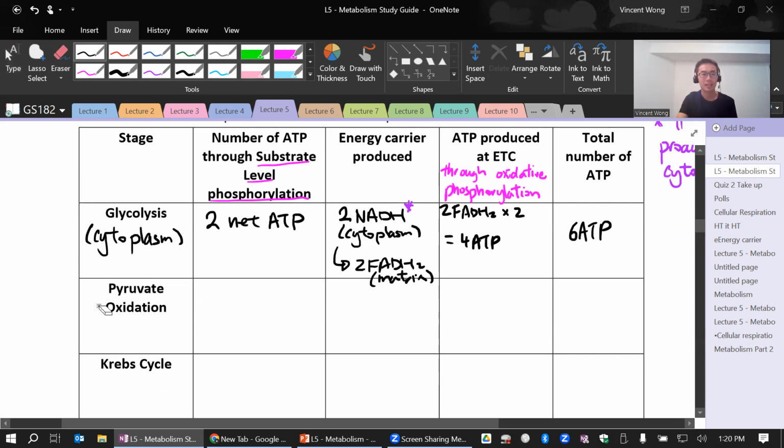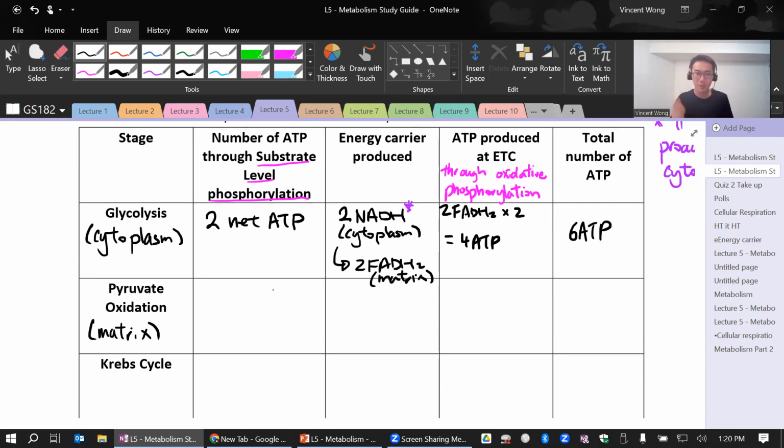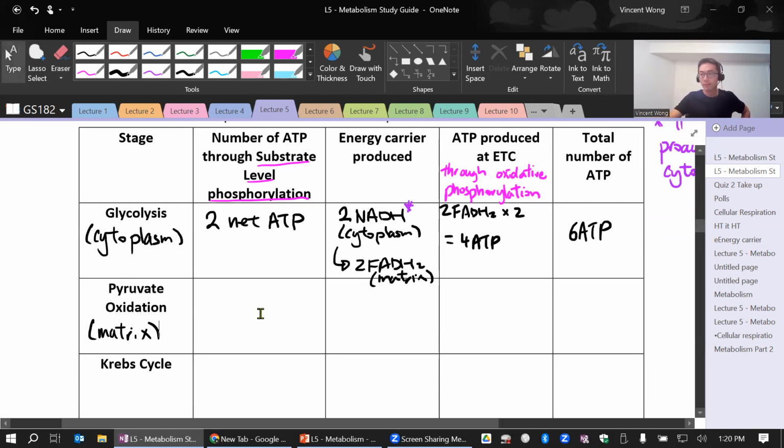Next, pyruvate oxidation. That happens in the matrix. How many ATPs are produced through substrate level phosphorylation in step 2? What does the note say?